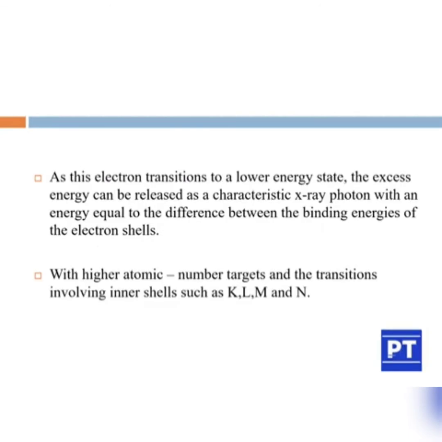As this electron transits to the lower energy state, the excess energy can be released as a characteristic X-ray photon with an energy equal to the difference between the binding energies of the electron shells. This happens with higher atomic number targets and transitions involving inner shells such as K, L, M and N.